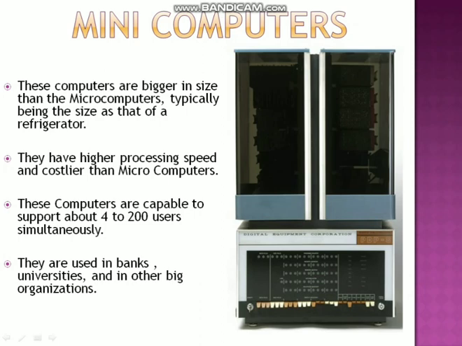They are used in banks, universities, and other big organizations where they have to deal with more data. It's not like how we use it in our home. When it comes to bigger institutions, they will have more data, more things to be dealt with. So they will use these kinds of computers.